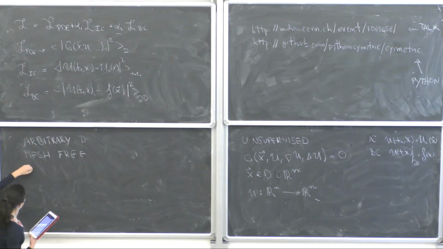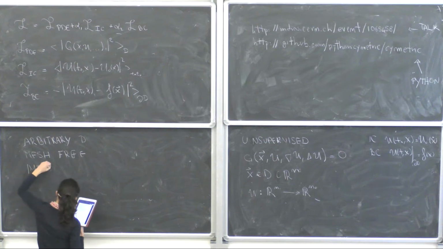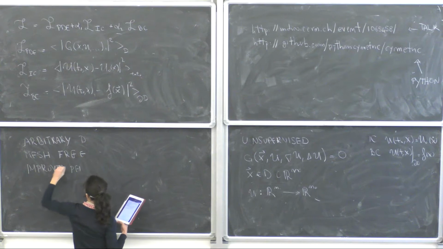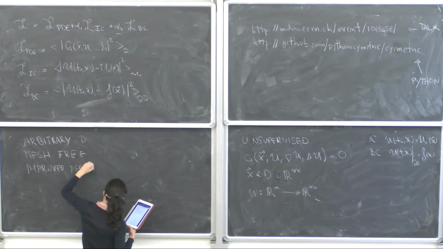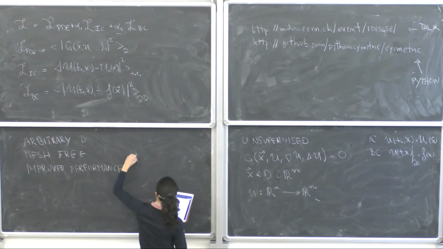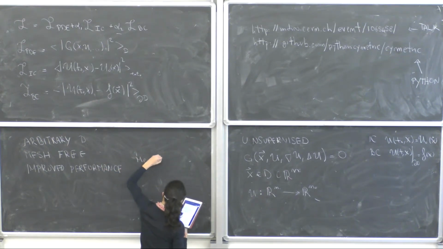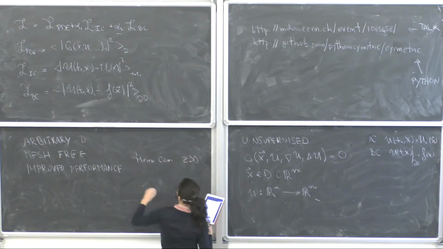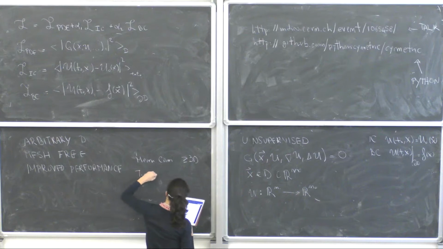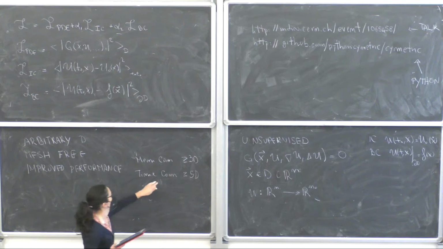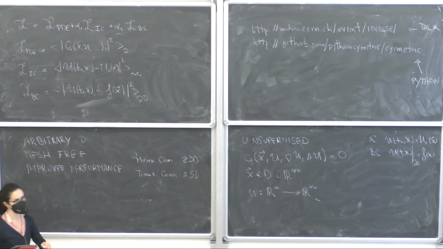And it was shown that it improves performance on memory complexity for dimension larger than 3, and on time complexity for dimension larger than 5. Compared to what? Compared to finite difference methods or finite element methods. Yes.